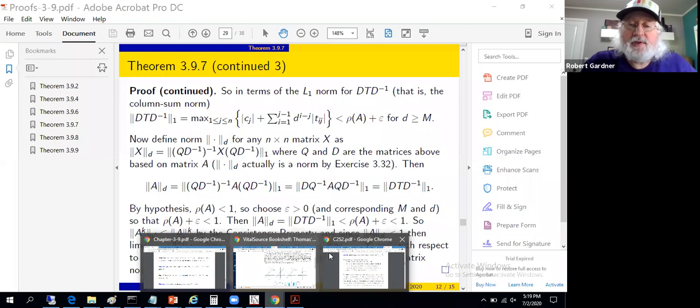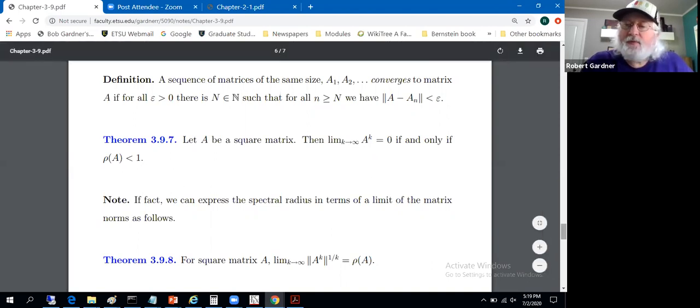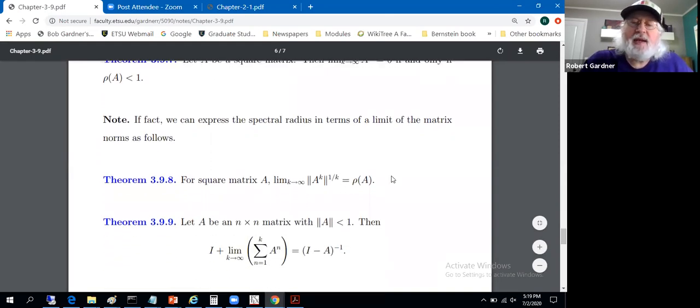We're actually going to use this for something somewhat more interesting, but we've got that property in terms of the behaviors of powers of matrices, applying when the spectral radius is less than 1. Turns out, for any matrix, you can actually express the spectral radius in terms of limits of norms.